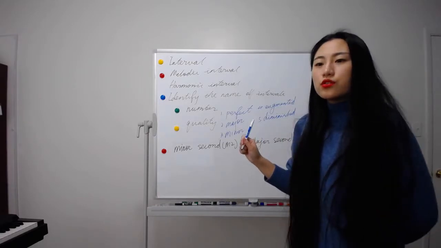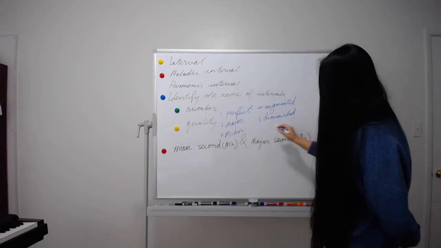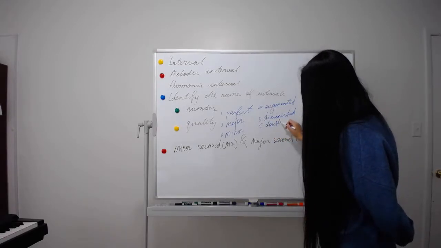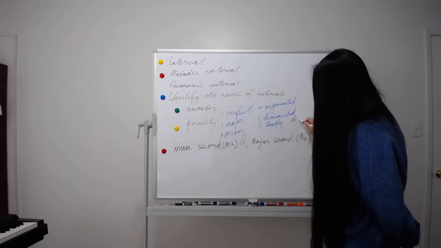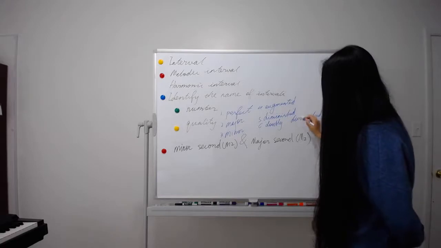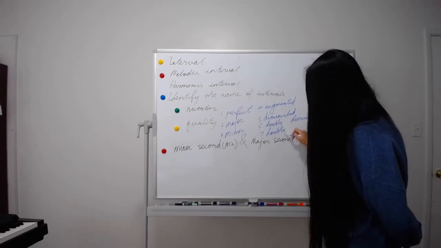There are also two terms of quality called doubly diminished and doubly augmented.